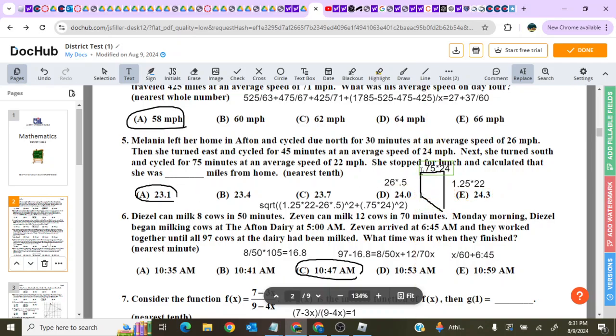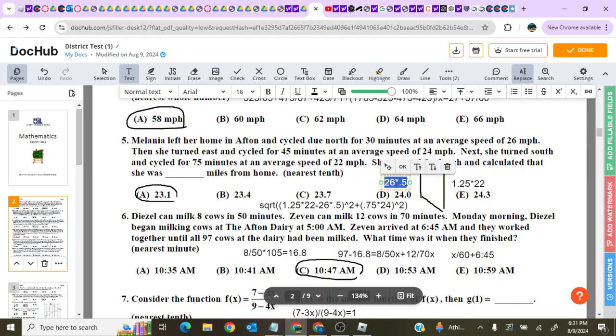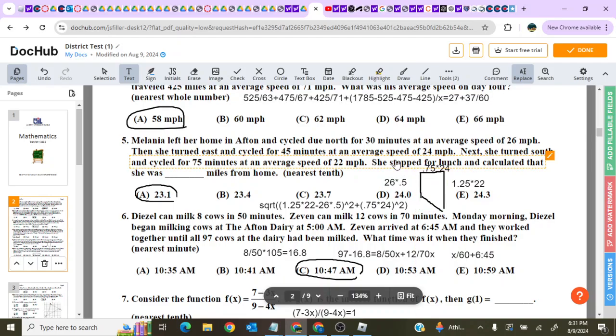So distance is speed times time. So 26 miles per hour times 0.5 hours, or 30 minutes, going north, then you're going east, and then you're going south. Then you're using the Pythagorean theorem based on this triangle right here.